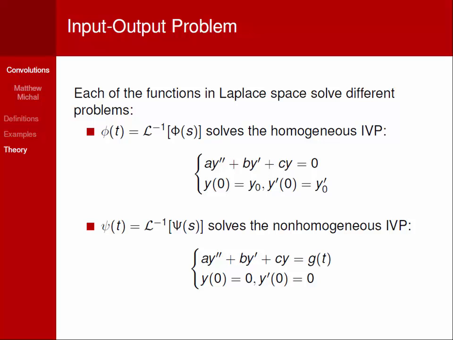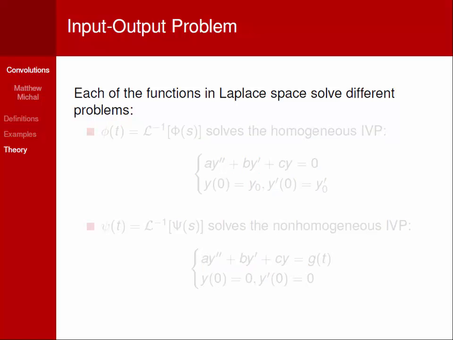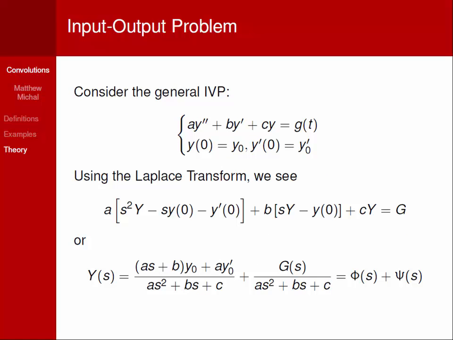Well, because remember, your psi in this step was this one right here, right? So notice all the initial conditions are over here. None of them are over here. We just have the as squared plus bs plus c here. So this first one deals with initial values. This one doesn't.